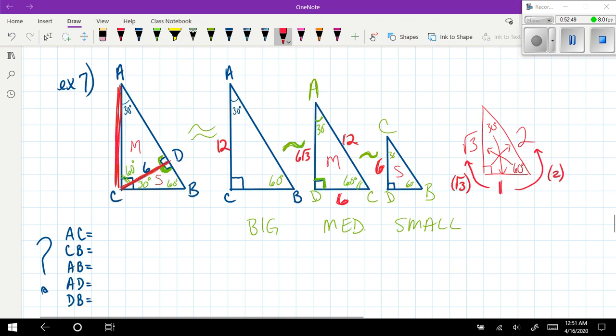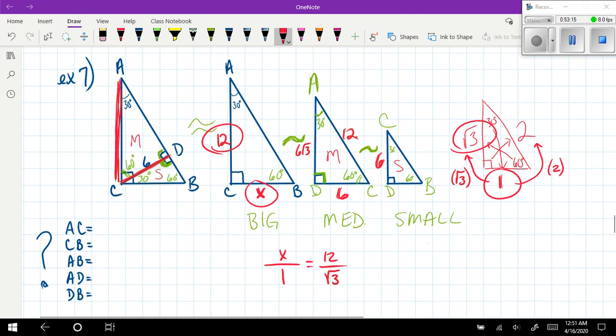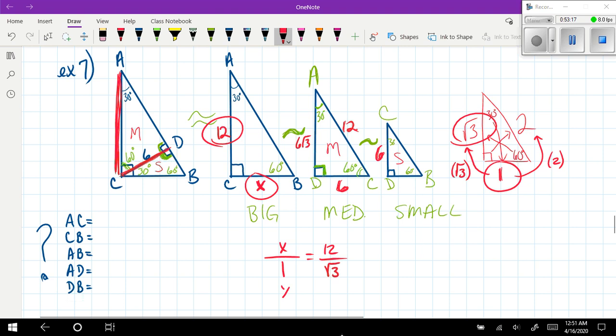Alrighty. So if there's nothing else you can think of off the top of your head here, I'd really like to get, let's say, this short leg. So let's say x compares to what? The short leg is over here, so this x is comparing to 1, the same way as 12 compares to root 3. So x over 1 equals 12 over root 3. X over 1 is just x, so I can say x equals, and I need to get that tent out of the basement, so I need to rationalize that denominator by multiplying by root 3 over root 3.